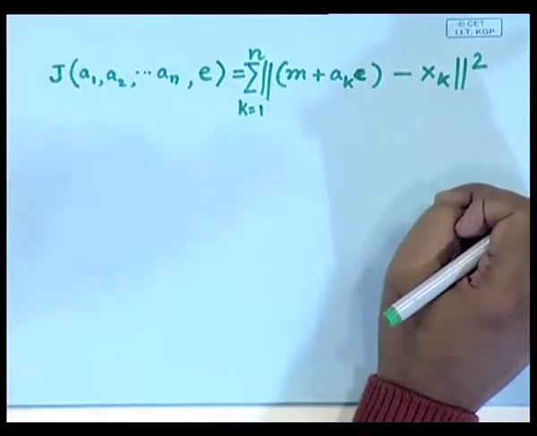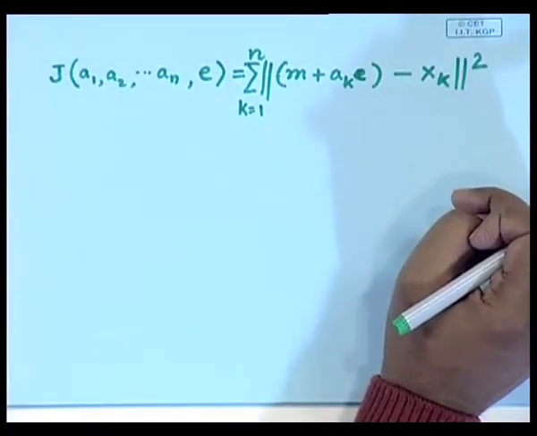And what we try to do is minimize this sum of squared error in terms of a. I want to find out what these a's are, or what are the positions on the straight line by which my d dimensional vector should be represented, assuming e to be fixed. I do not touch e for the time being, that is, the direction of the line is fixed.